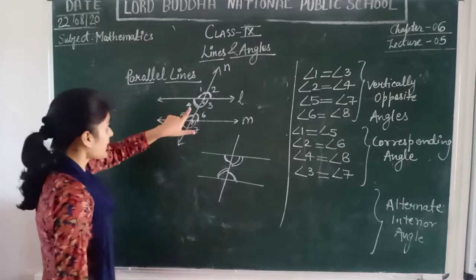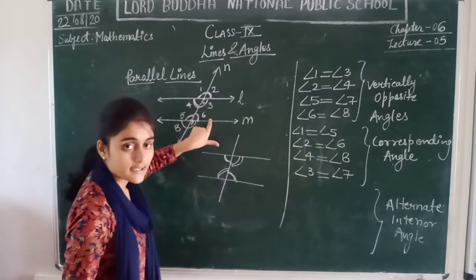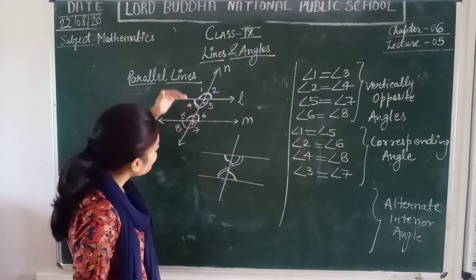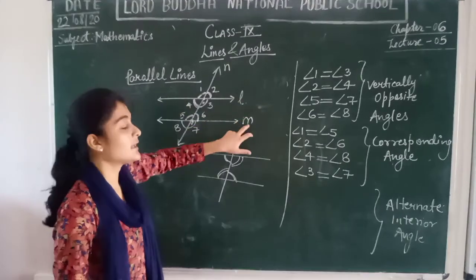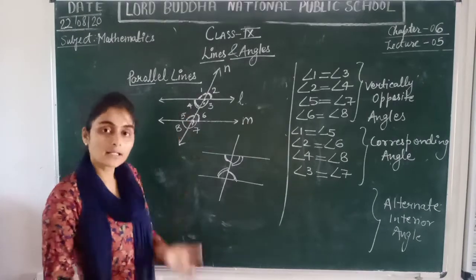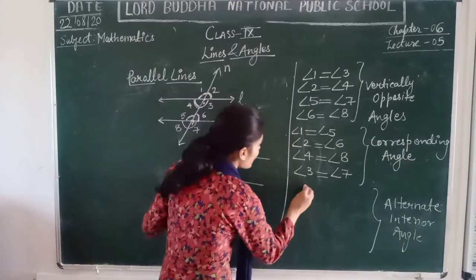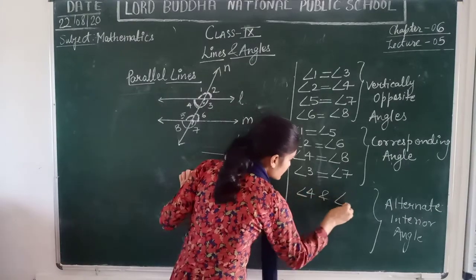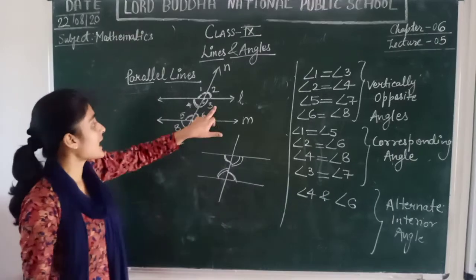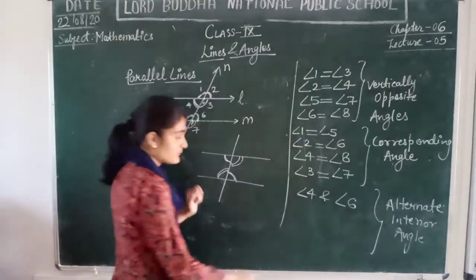Let's see. Angle 4, angle 6. They are at alternate positions and they are in the interior of lines L and M. Both are between L and M, in the interior, and they are at alternate positions. So you will write over here angle 4 and angle 6. The first pair is angle 4 and angle 6. The next pair is angle 3 and angle 5.